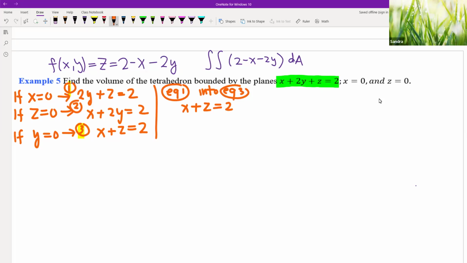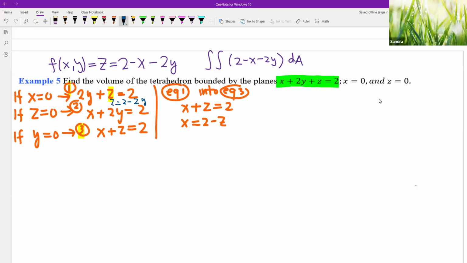And I've got to solve for one of these letters. So let's do 2 minus z, and I want to replace the z. So we're going to solve for z. If I solve for z, then z equals 2 minus 2y, and that's what I'm going to do here.